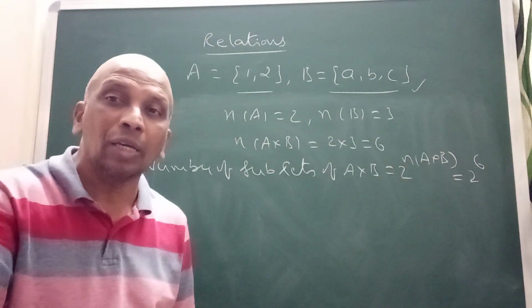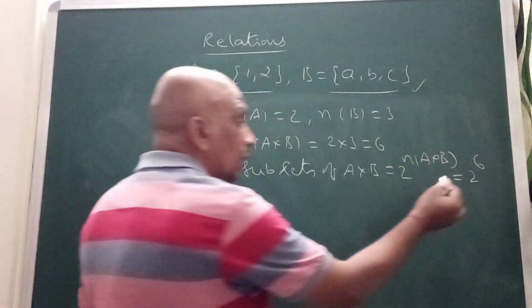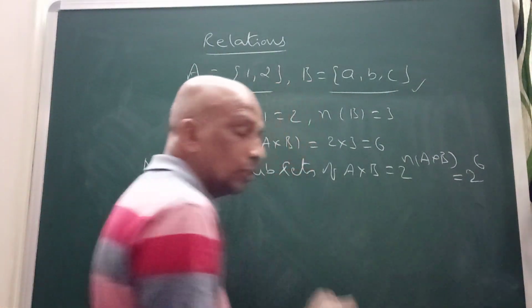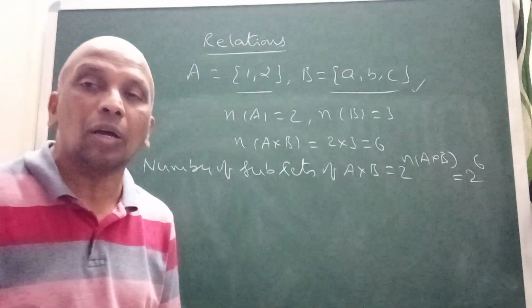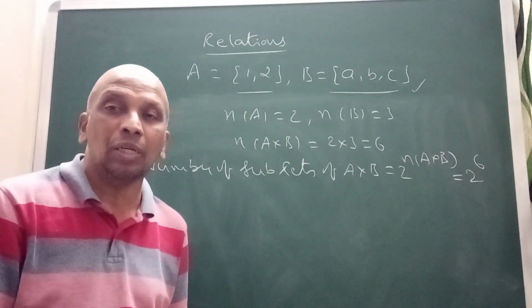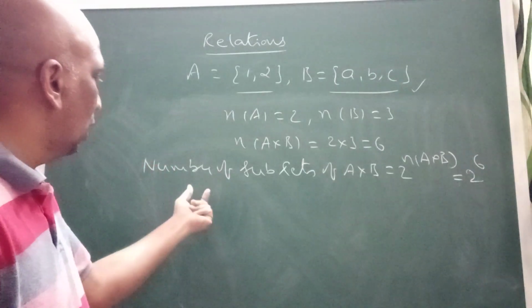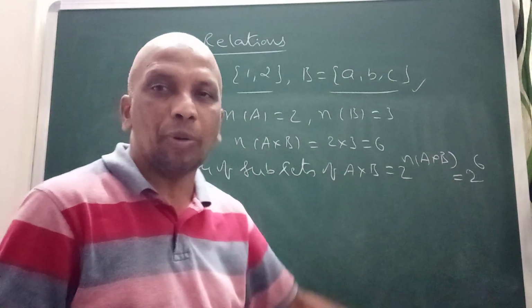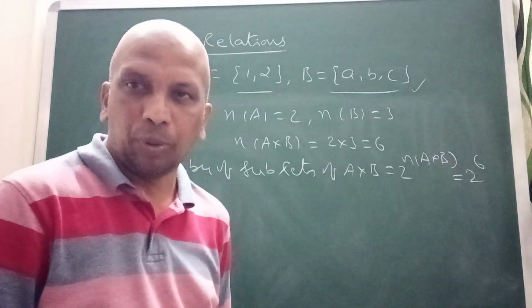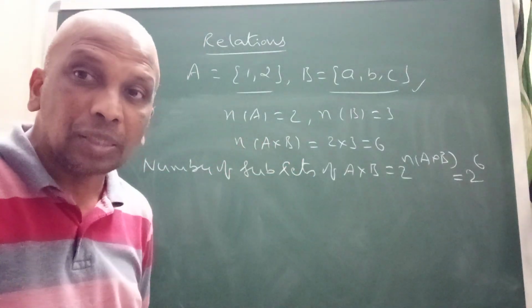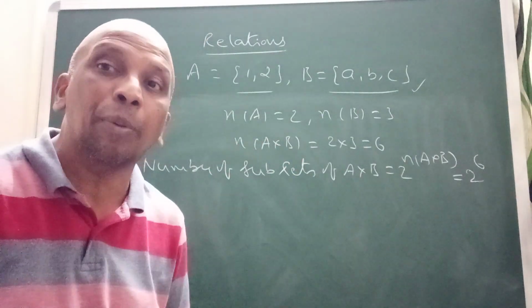Just now I gave an idea about that: every subset of A cross B is known as a relation from the set A to the set B. Now the number of subsets is 2 power 6, so you will get 64. That means the number of subsets of A cross B is nothing but the number of relations.